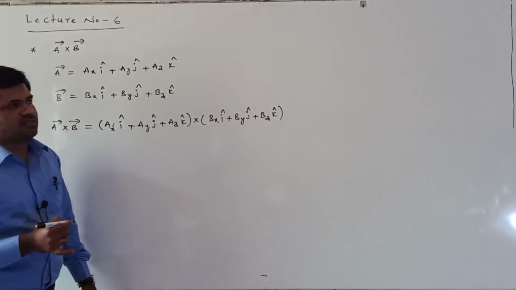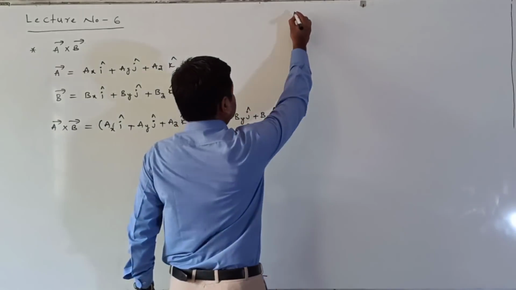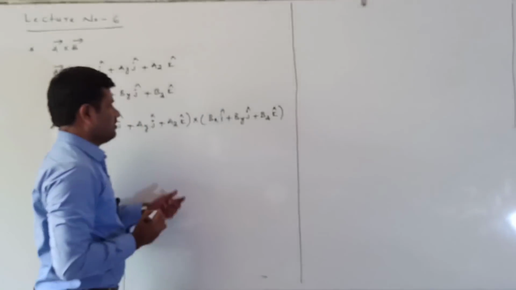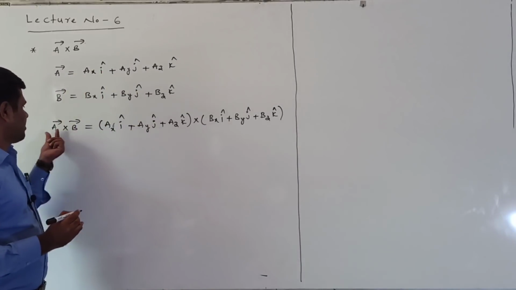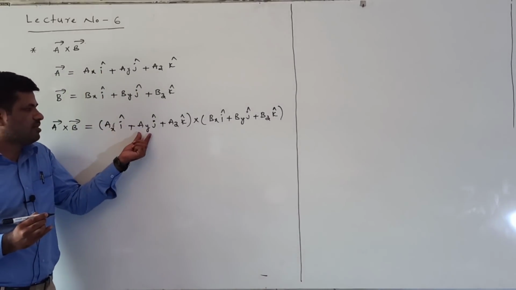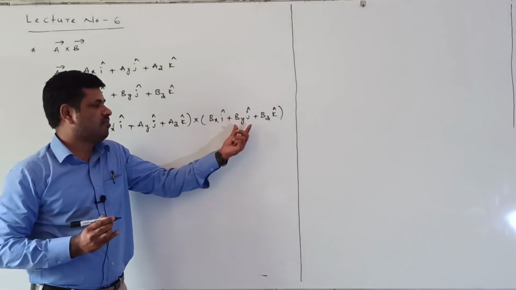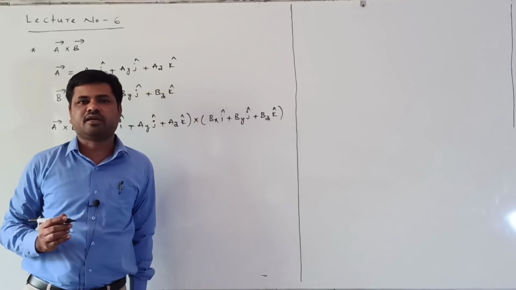We are writing it like this: in the place of A bar, ax i cap plus ay j cap plus az k cap, and in the place of B bar, bx i cap plus by j cap plus bz k cap.